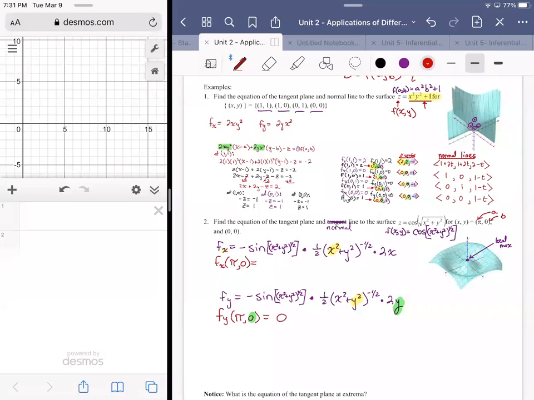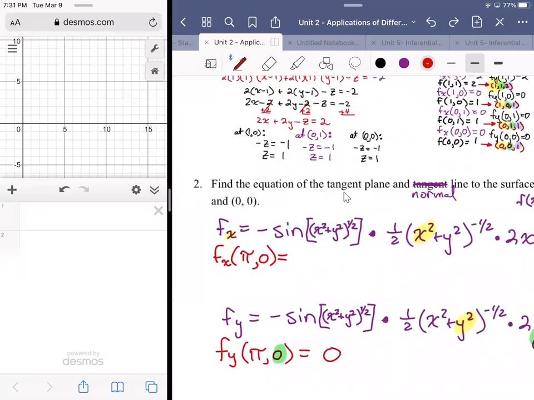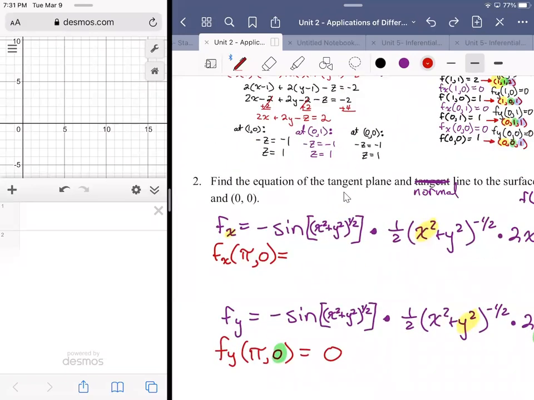Which is great. Now, for the other one, that doesn't happen with the x term, but if I get into the trig of it, I'm replacing the x squared with a pi squared, the y squared with a 0 squared, so 0. Then I'm taking the square root of that, which is just going to be pi. Sine of pi is equal to 0.